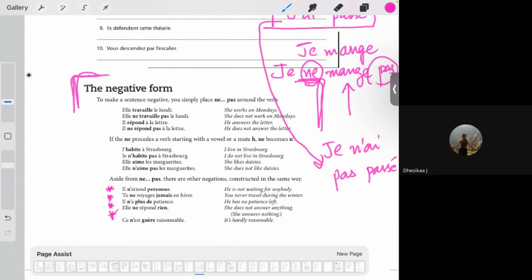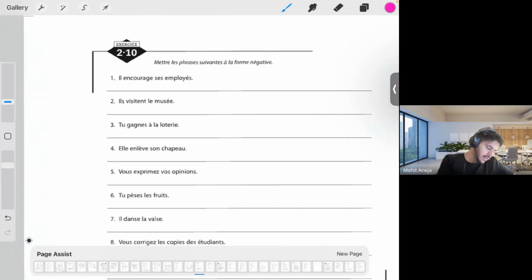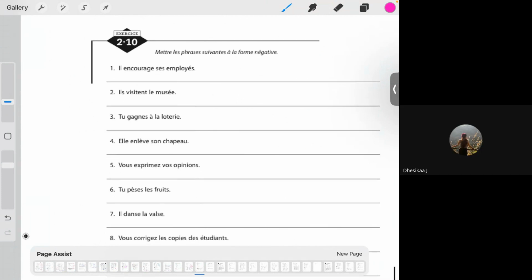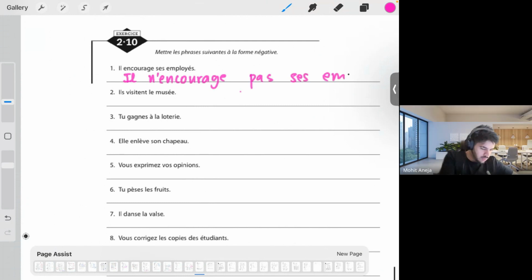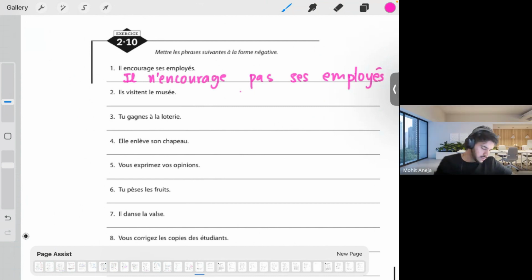Let's try making some negations. Il encourage ses employés. Il n'encourage pas ses employés. Do you know what employés are? Yeah, workers. The employees.